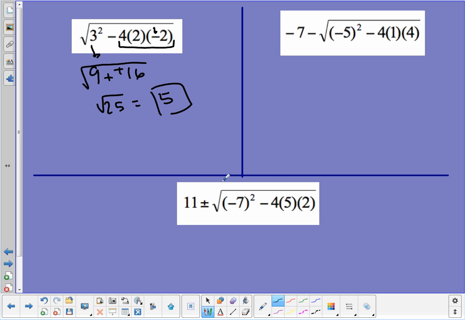Now I have some things outside of the radical, outside of the square root symbol. So negative 7 minus the square root of negative 5 squared minus 4 times 1 times 1. I want you to be very careful with things like negative 5 squared. When you plug that into your calculator, use the parentheses. That will make a difference.